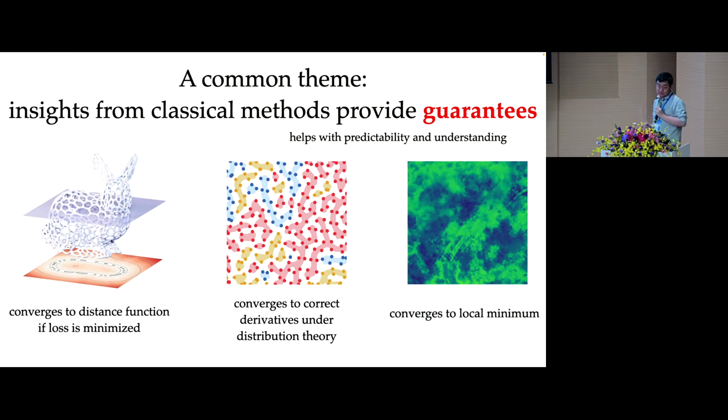And a common thing about all three of them and a lot of our other works is that we take insight from classical methods that provide guarantees for the pipeline, which is a little bit more difficult to achieve in a data-driven pipeline. And these guarantees will help with predictability and understanding. I'll get back to what this means later.